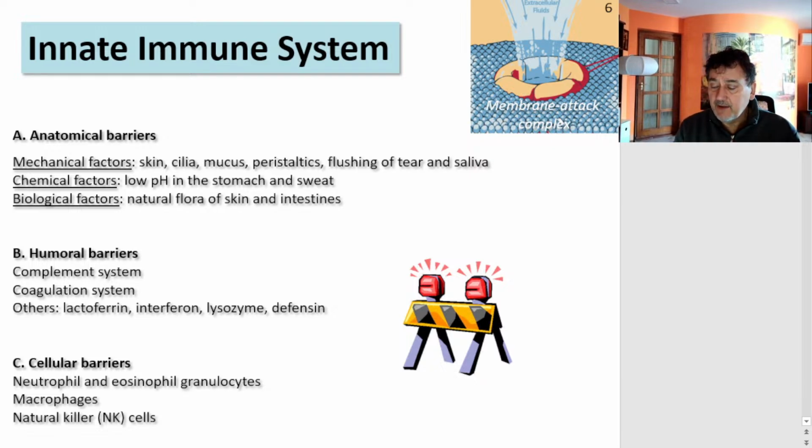And the second one, you will see later, is that they degrade the bacterial cells and display bacterial antigens on their surfaces, showing them to the adaptive immune system. We will have some details later. Natural killer cells are also important, and we will see a little bit about them later.